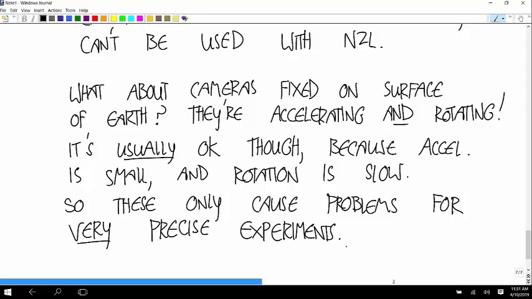Okay, so in other words, Newton's second law only works for inertial coordinate systems. You can't have an inertial coordinate system fixed on the surface of the Earth. So technically, Newton's second law does not apply for any measurements you take on the surface of the Earth, but it is very close to being accurate.